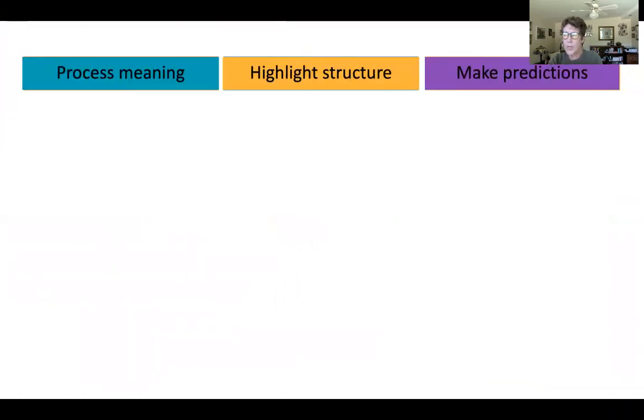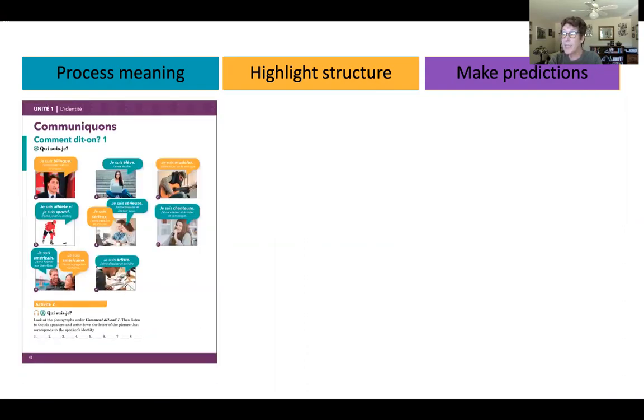So we're going to look at a grammar in context lesson from Interculturality, Unit 1, Level 1. In the first step, students process a grammar structure for meaning only. In this case, students are learning je suis means I am. But we are not talking about grammar here at all.